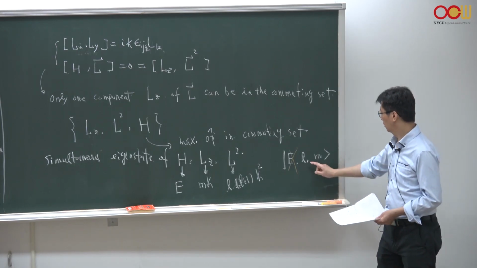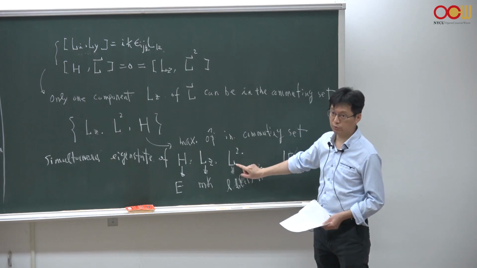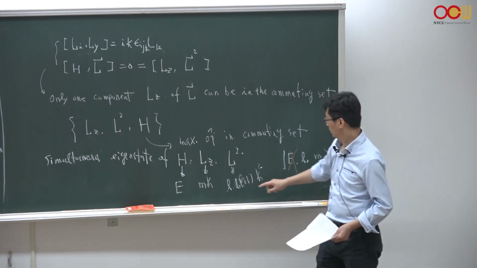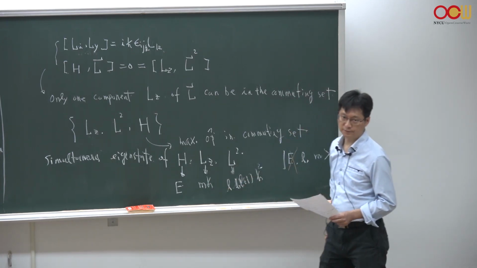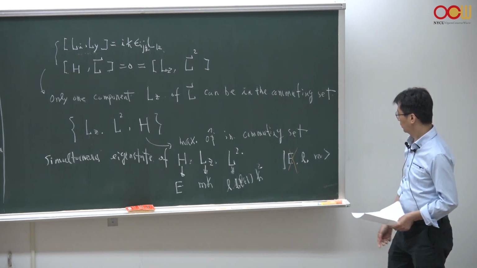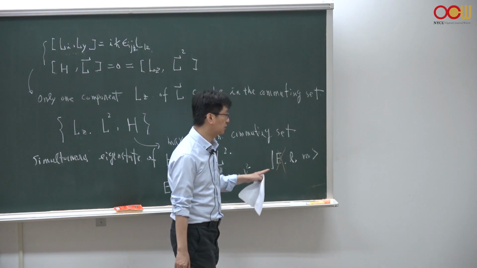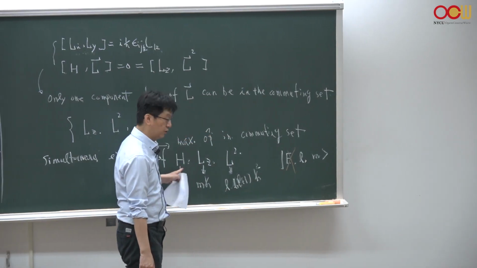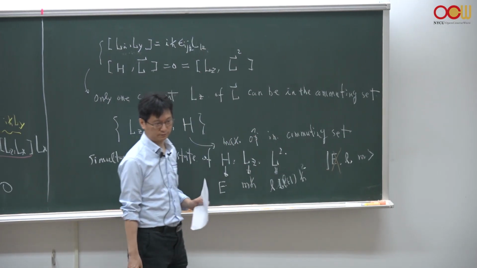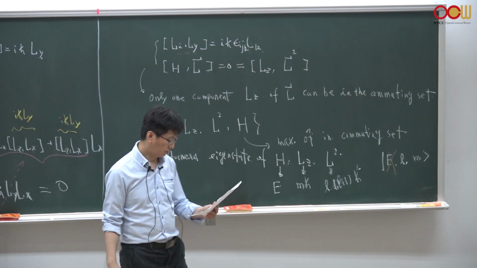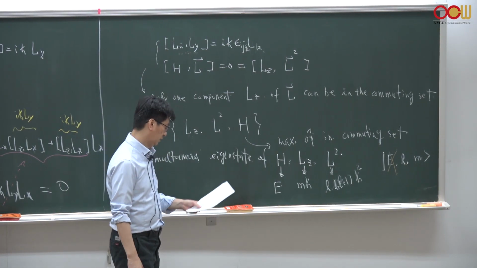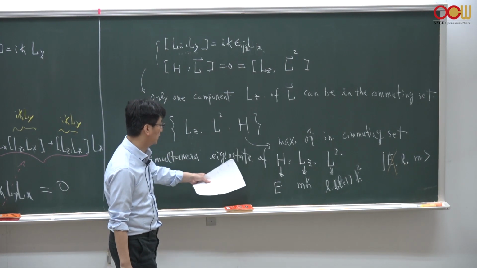So l represents the eigenvalue for L squared, and m stands for the eigenvalue for Lz. When I write the eigenstate like this, this is a simultaneous eigenstate of H, Lz, and L squared. We will come back to this in just a moment, and then we take a short break.